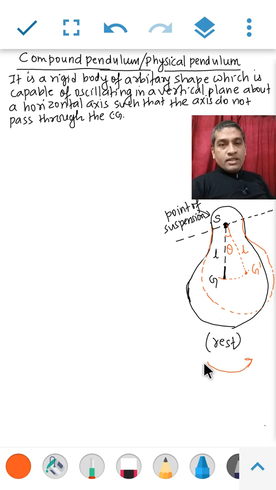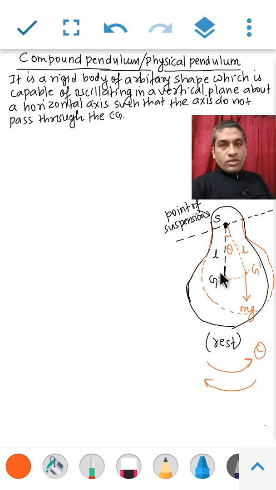We are displacing the pendulum by angle theta in anti-clockwise direction, and due to restoring torque, the pendulum tries to come back to its original position. The restoring torque is due to the gravity. Okay, the restoring torque is due to mg. Now we need to find the restoring torque.